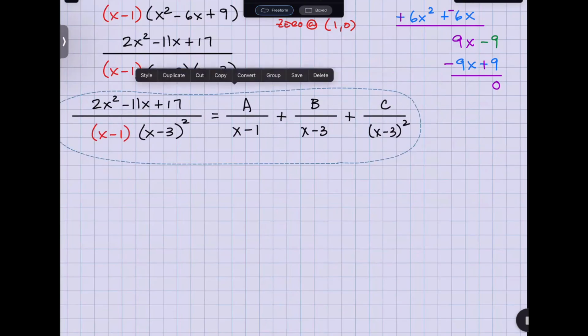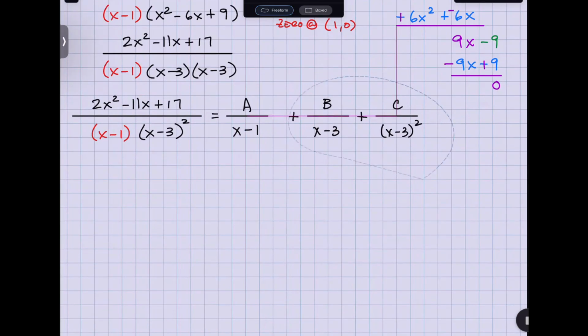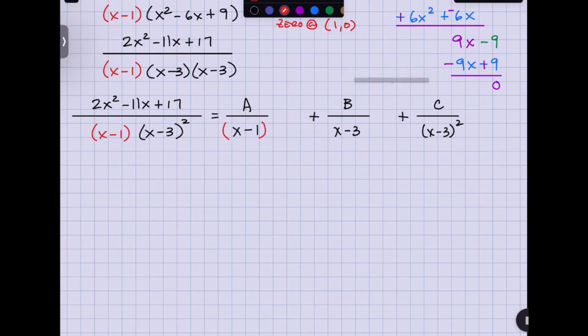So from here, we need common denominators. Oh boy, I need more space than that. This one's missing what? We do it to the bottom, we got to do it to the top.